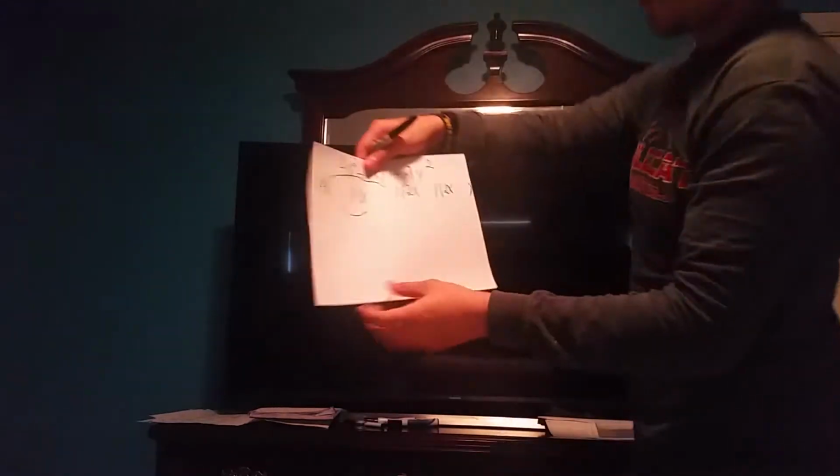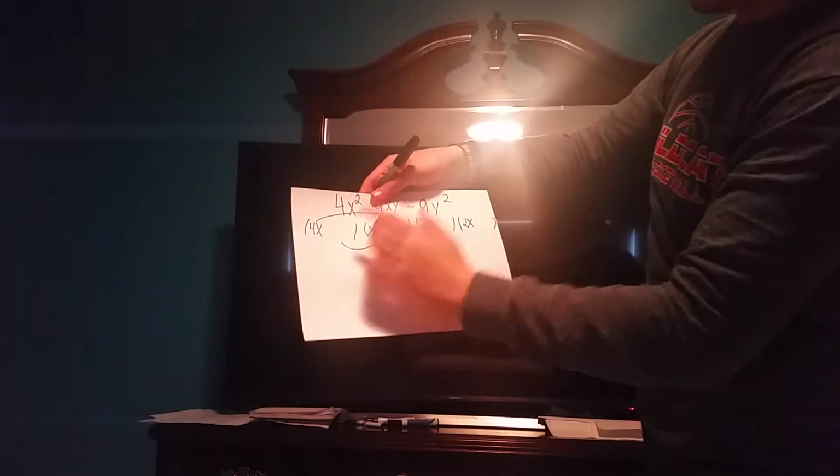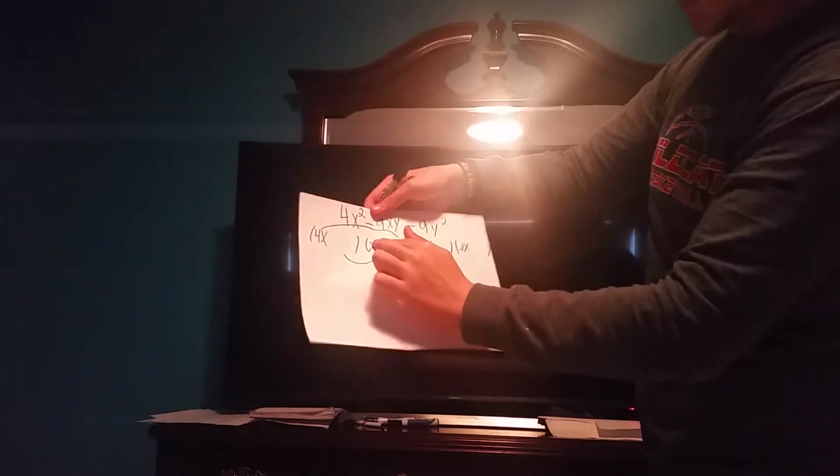So, let's try the 3s now. We have 4x plus 3, that'll be positive 12, minus negative 3x, that's positive 9. That's kind of close. So let's try this: 4x minus 3, 4x times negative 3 with 3x.